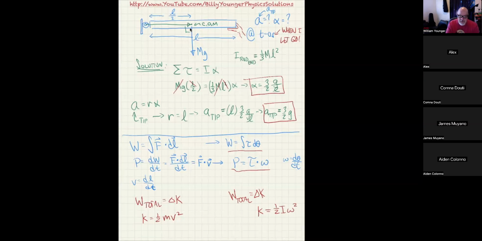So now let's look at the same problem, but using conservation of energy methods. So the energy method that I taught you guys was this. I said work in plus potential energy initial plus kinetic energy initial is equal to work out plus potential energy final plus kinetic energy final plus E loss.